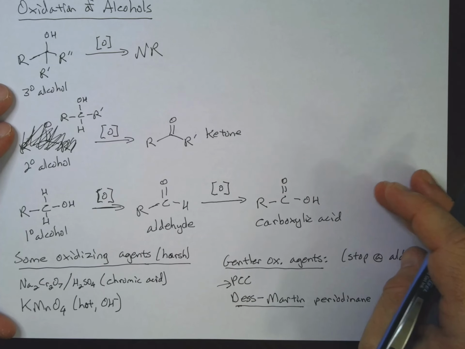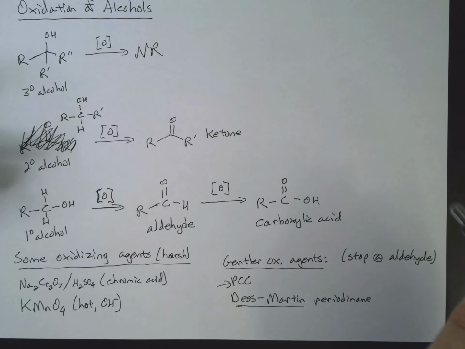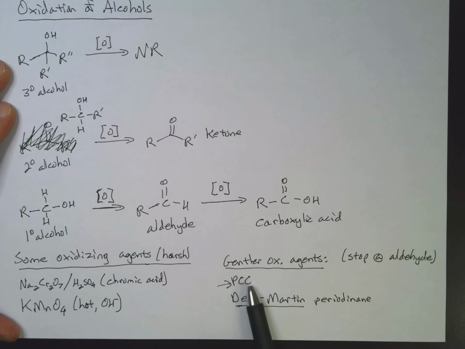What is the Des-Martin periodinane? I can't even say it. Gosh, what does it look like? Take a look at the text. So it's this more complex iodine-containing species, but it is a gentler and less toxic oxidizing agent. So gentler than these guys, less toxic than the chromic acid or the PCC.